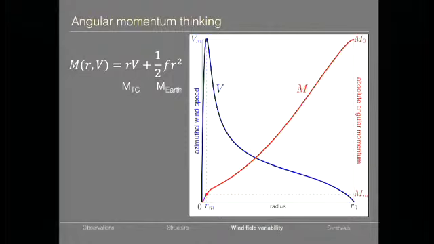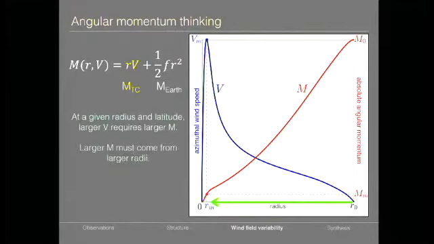So this is going back to the model idealized view of the winds and the radial distribution of the winds and angular momentum, where again, angular momentum has this hurricane component and then the earth component. And this is relatively straightforward, but at a given radius, a larger wind speed requires a larger value of angular momentum, and latitude, I see.